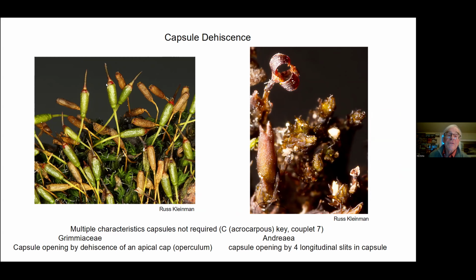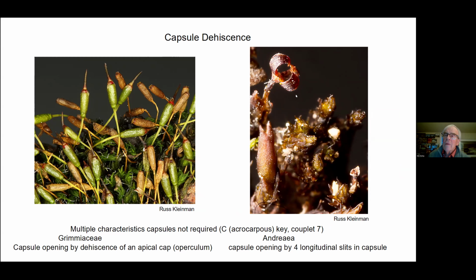The operculum sits at the top and pops off, and then the spores are dispersed from the end. In Andreaea, the capsule doesn't have an operculum, but opens and lets out the spores by splitting down the sides.